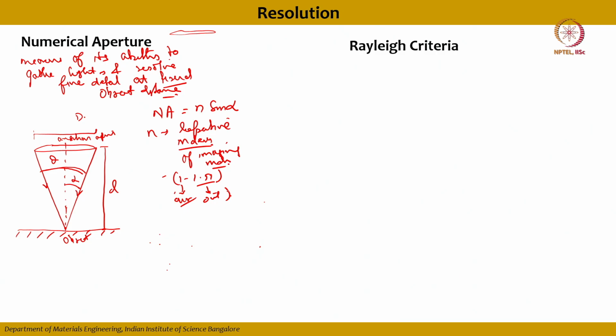This is your definition of a numerical aperture, and any lens system will come with it. Fine. So as per the formula, the numerical aperture will be maximum when your alpha is equal to 90 degrees, because sin alpha is highest at 90 degrees, right? So sin alpha is equal to 1.